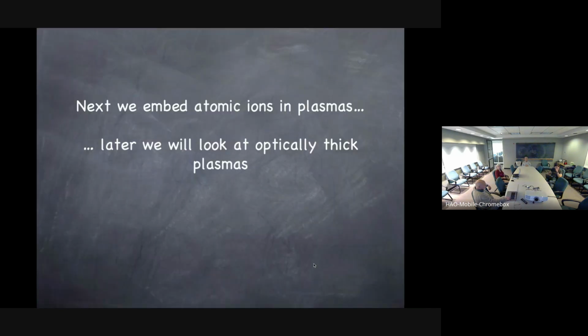But really, I'd like to get into how we deal with quantitatively embedding atoms into plasmas, things like Saha-Boltzmann, non-LTE, coronal approximation, trying to understand the relationship between the plasma, the thermodynamics, and departures from thermal equilibrium, things like this that are important for some of these spectra that come out.